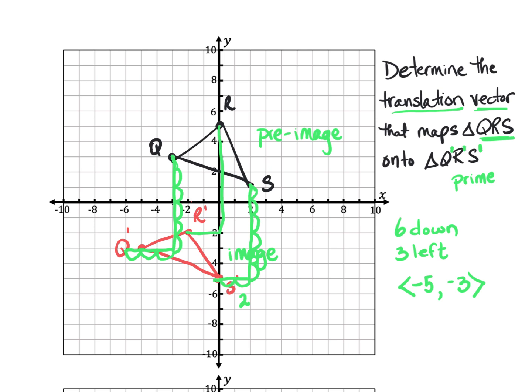So to find a translation vector, we're simply going to count from our pre-image letter, which is given to us here. And this tells us where our starting point is, where our finishing point is, and which figure is our pre-image in comparison to our image. Just connect the 2 points, like R to R prime, S to S prime.